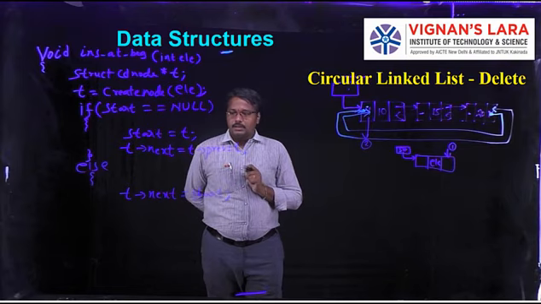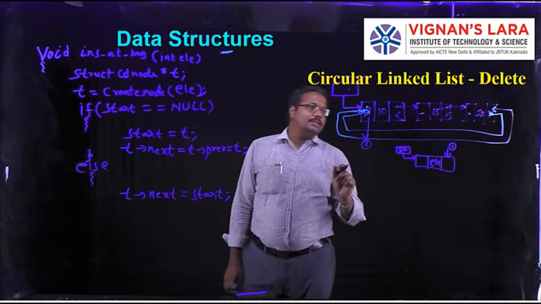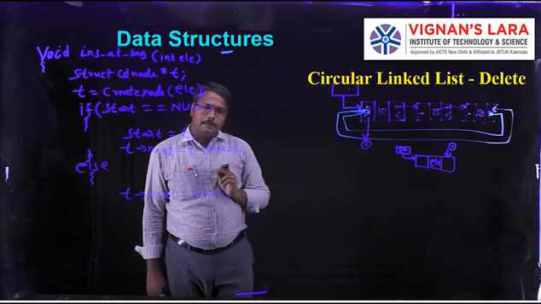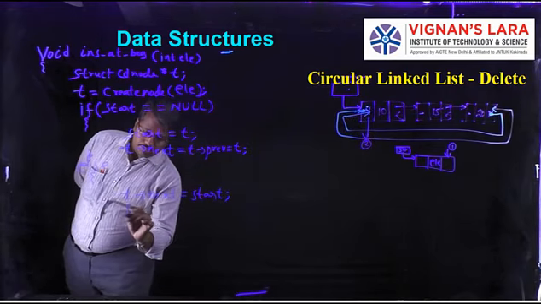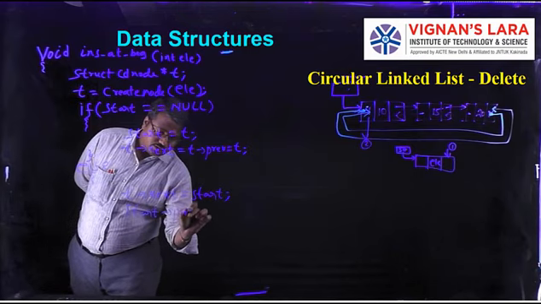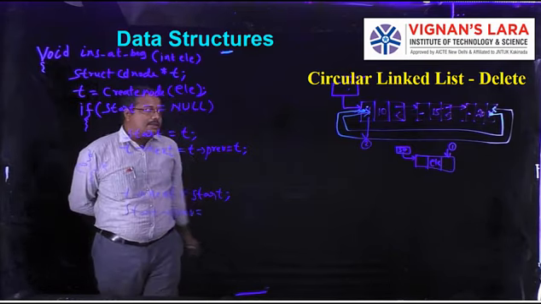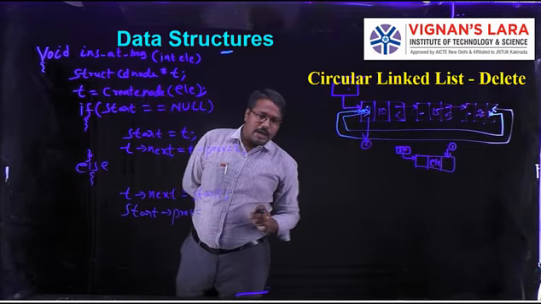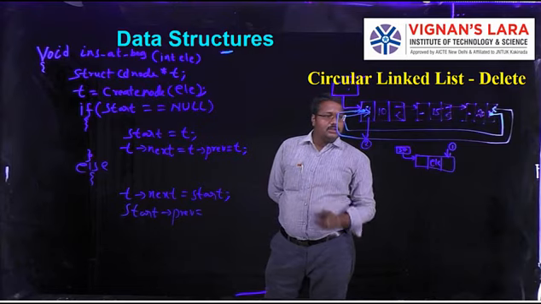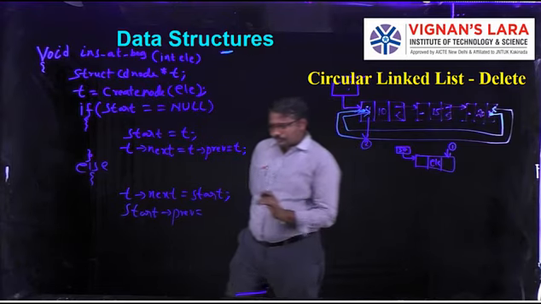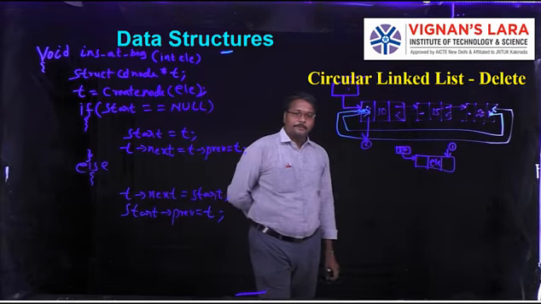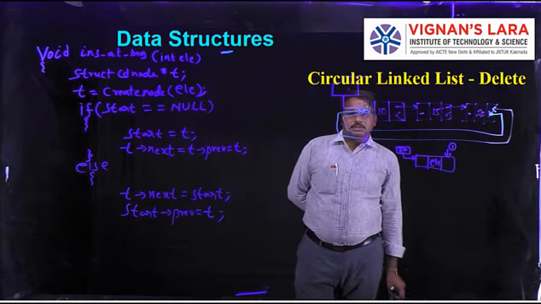Right now T of next is equal to start, so can I call it start of previous here? Start of previous means this location. What value do I want to assign? T. So start of previous is equal to T. This is the second operation.